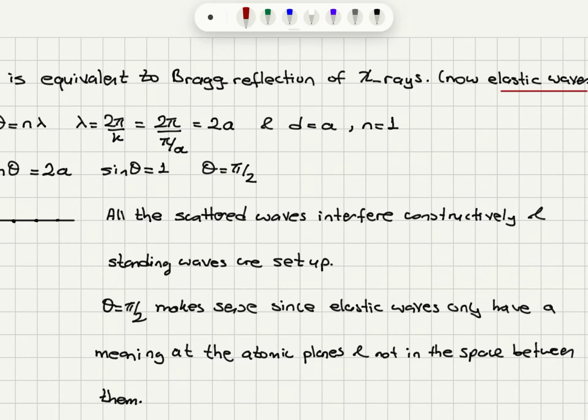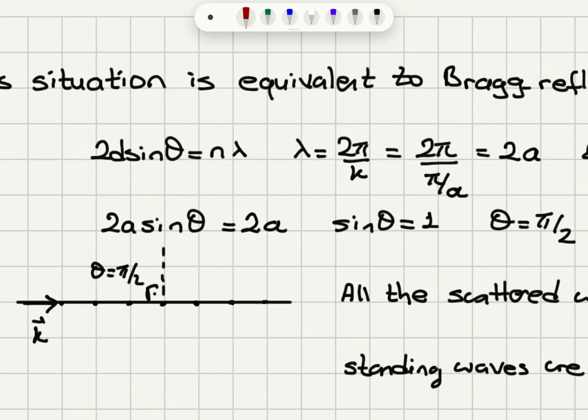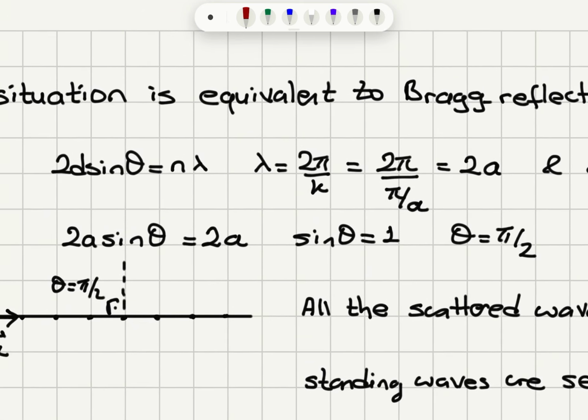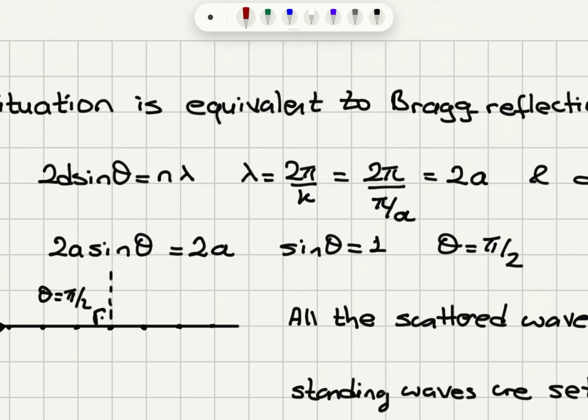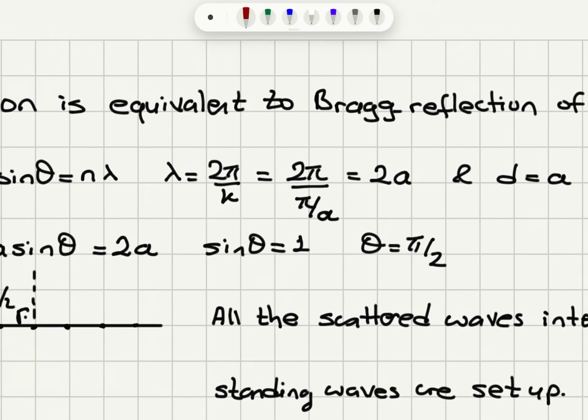If I consider the Bragg condition, remember, it is 2d sine theta equals n lambda. d was the distance between two neighboring planes, lambda is our wavelength, and theta is the angle of incidence. We have lambda equal to 2 pi over k, the wave vector, and k at the first Brillouin zone boundary is pi over a.